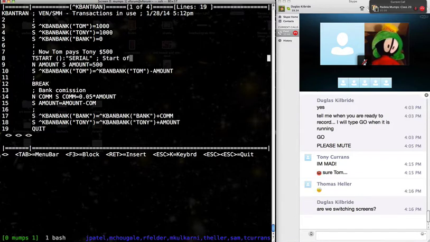We're going to call this the start of a transaction. And at the end, to make sure that everything gets filed, we use a TCOMMIT, which is the end of a transaction.